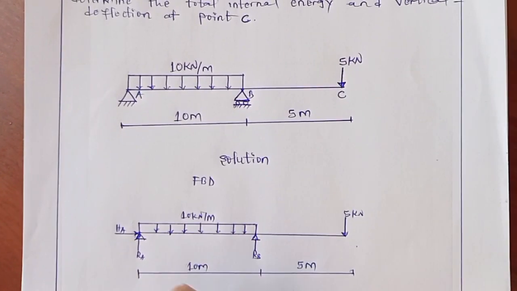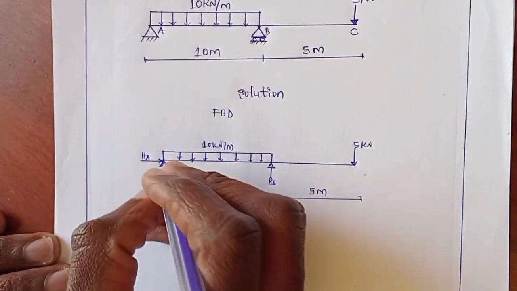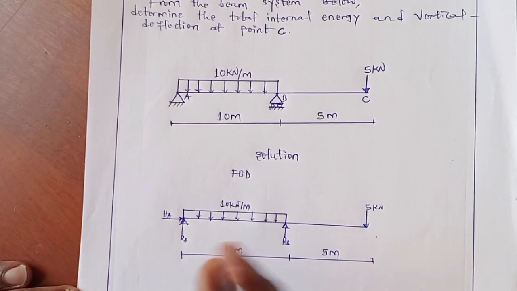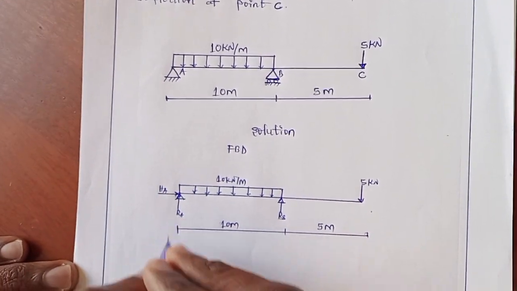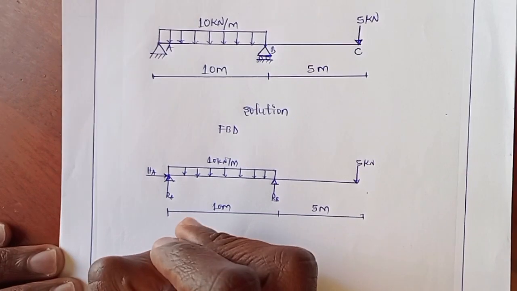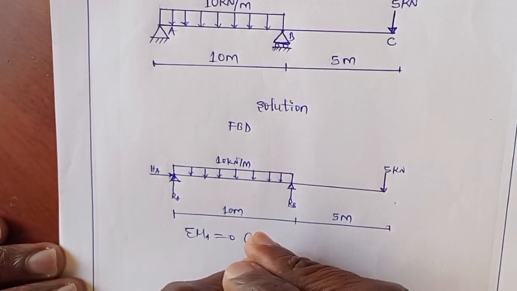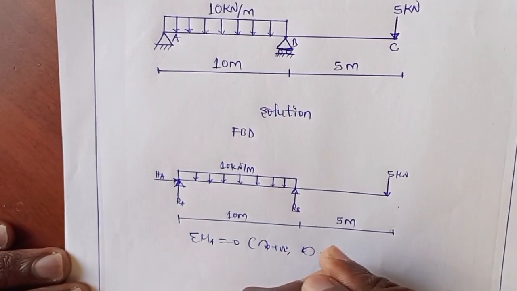So let's calculate the support reactions. In order to obtain them, let's take the summation of moment at point A equal to 0. Clockwise direction will be positive and anticlockwise direction will be negative.